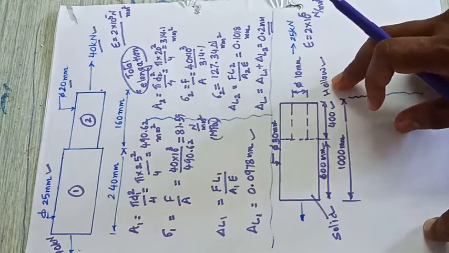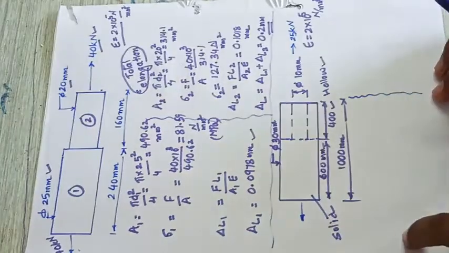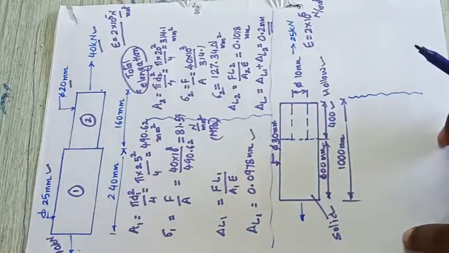Individually you have to find the total change in the length. Here we are not going to find the stress values, we are only finding the total elongation of the bar.